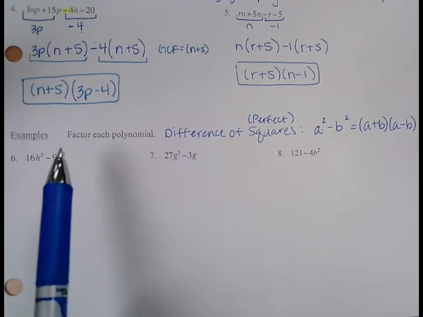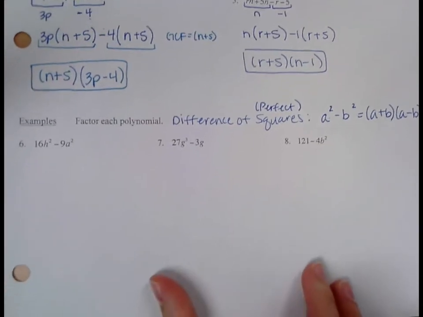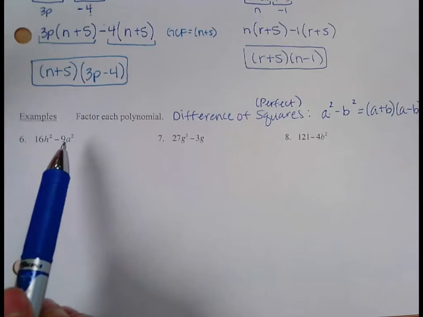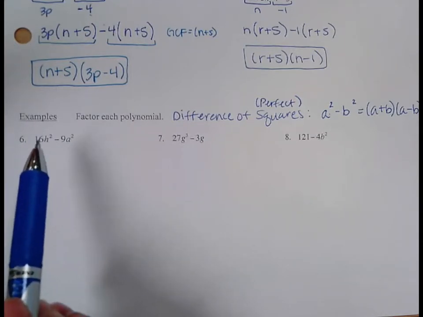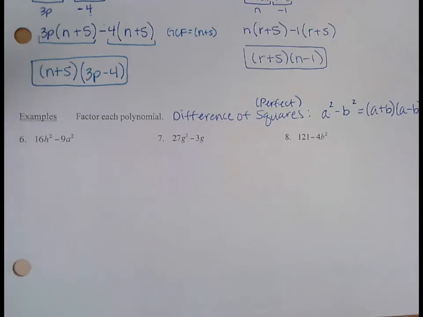So if we look at 6, we have 16h squared minus 9a squared. First of all, is there a GCF other than 1 for 16h squared and 9a squared? No, they have 1 in common, but that would be it.